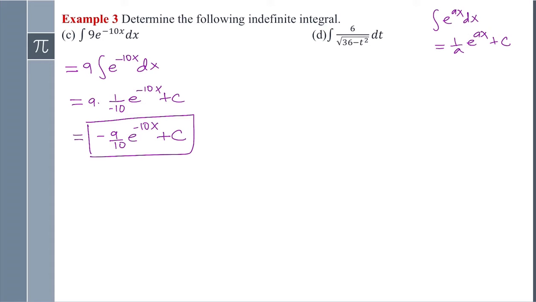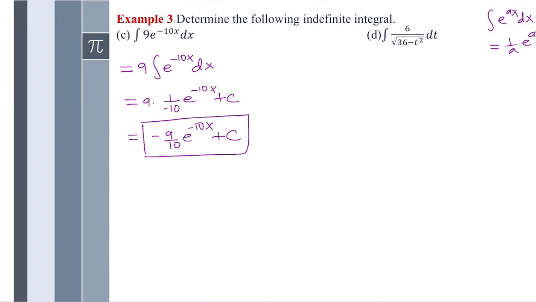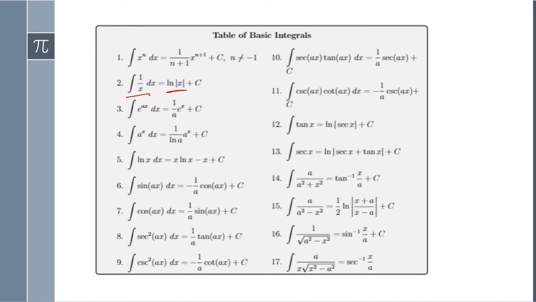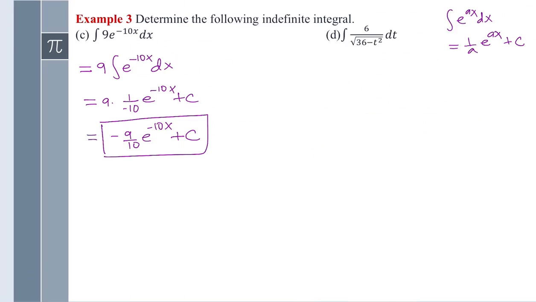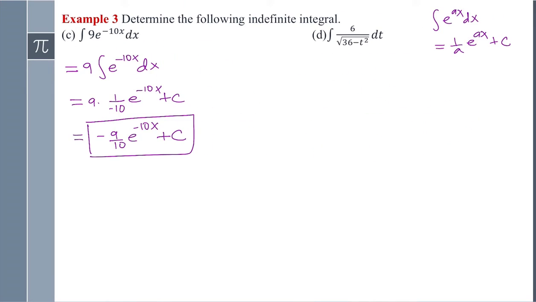Okay, so for this one we can factor that 6 out, and this is the inverse trig function. If you go back here, let's look at the formula. Here, sine inverse x over a. The integral of 1 over square root of a squared minus x squared is the inverse sine x over a plus c. So this question has this form. We are going to pull that 6 out, then we have 1 over square root of, instead of writing 36, you can write 6 squared minus t squared dt.